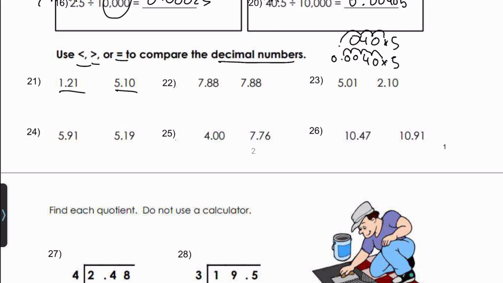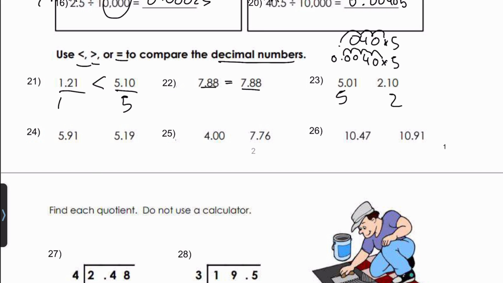Now, this is pretty simple to look at. Which number is bigger, 1 or 5? 5 is bigger. The crocodile will always eat the bigger number. This is a crocodile, and it's eating the bigger number. These two numbers are the same, so obviously it's going to be equals.